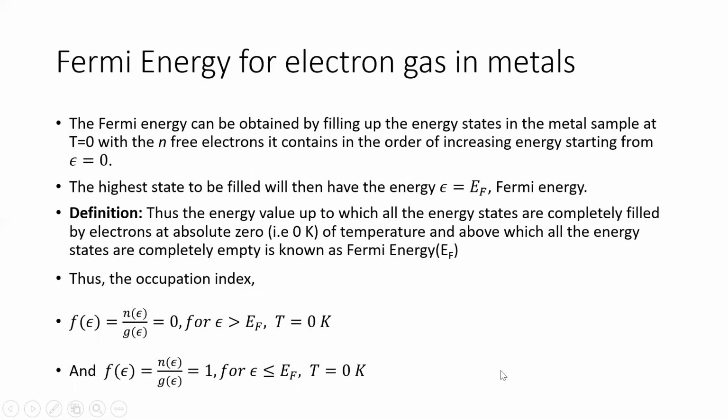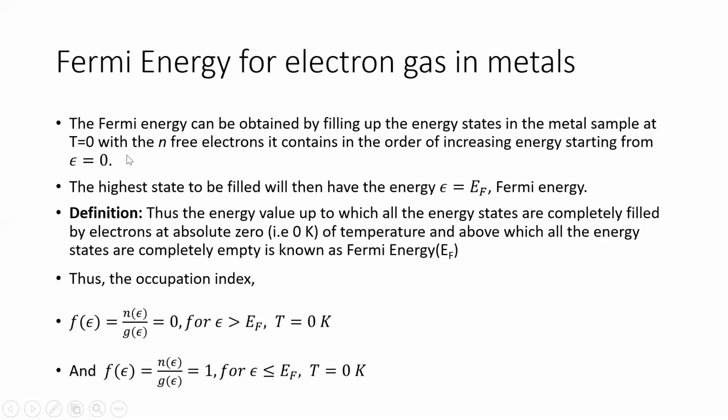Now we will study an important concept, that is Fermi energy for electron gas in metals. The Fermi energy can be obtained by filling up the energy states in the metal sample at T equal to 0 with the n free electrons it contains in the order of increasing energy starting from E equal to 0.